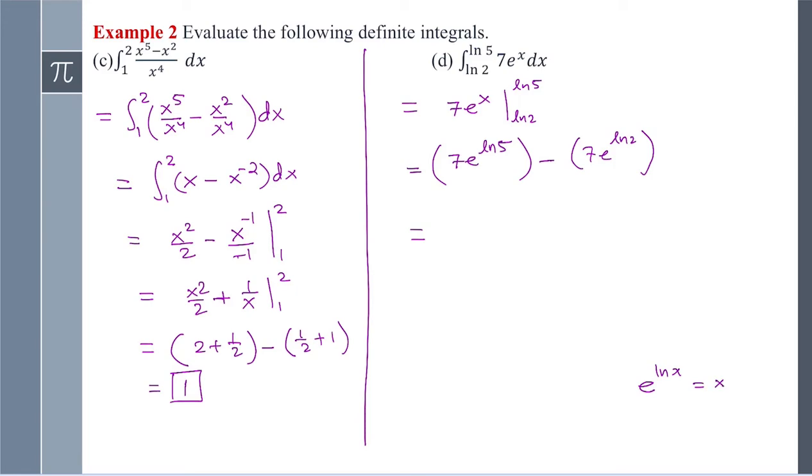In log, you have learned this: if we have a base a, then log base a of x, if they match, then that is just x. Here e and ln have a base of e, so they match, so it's just x. Similarly, this one here is just 5, and this is just 2. So we can rewrite this as 7 times 5 minus 7 times 2, which is 35 minus 14, and we get 21.